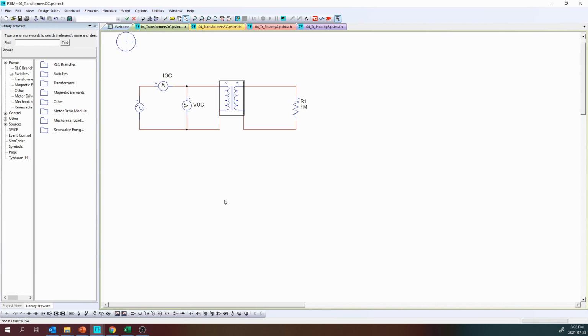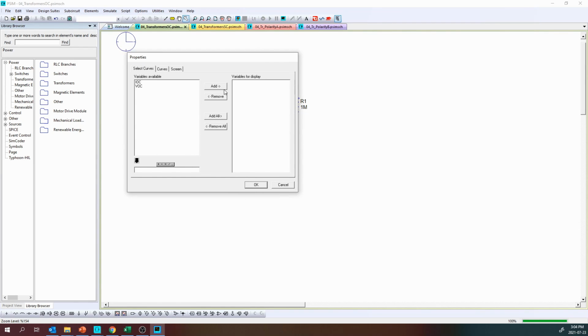Let's do that with another of the circuits. Let's assume I'm interested in knowing the sum of the current plus the voltage, which doesn't make sense, but it will serve this demonstration. When you click in PSIM and you see this dialog that shows you what functions you want, you can say I want IOC, and I'm going to add to that VOC.